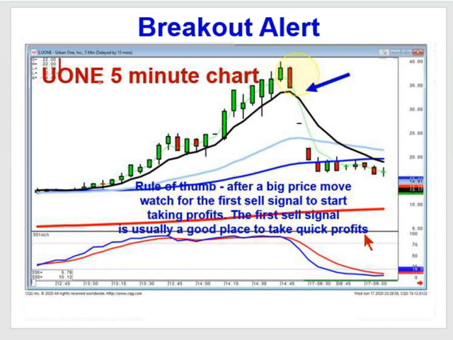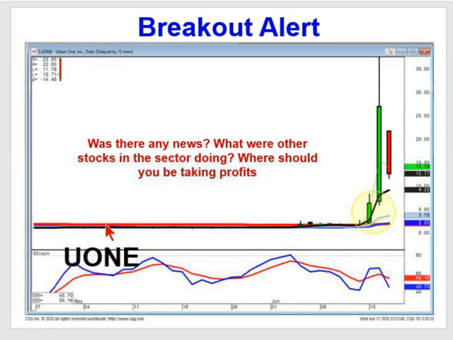So here's one of the rules of thumb that I've discovered through the years: if you've got a strong move, strong move, strong move, what makes it a pattern breakout? The fact that you probably would have made this a little bit bigger.